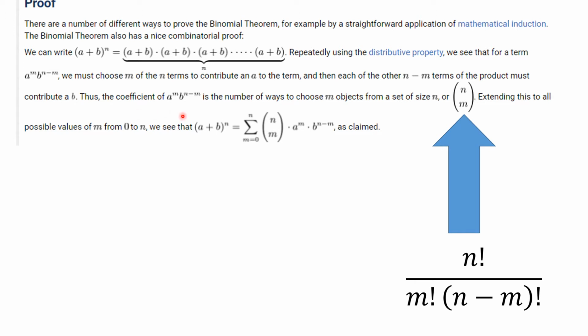So the coefficient of this is the number of ways that we can choose m objects from a set of n. And that is n choose m, the binomial coefficient, which is defined this way. So when we expand this to all possible values of m from 0 to n, we see that this sum is equal to this, as claimed in the theorem.